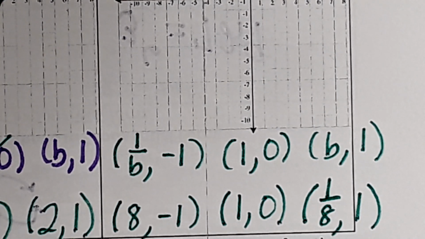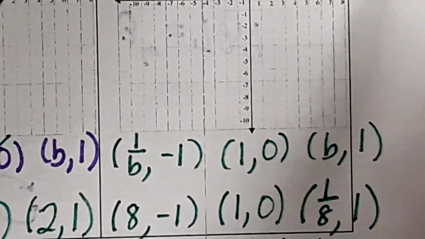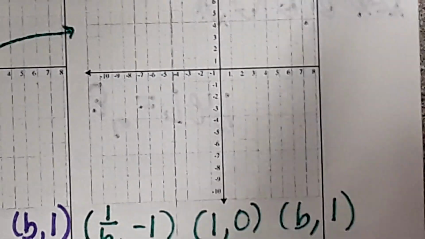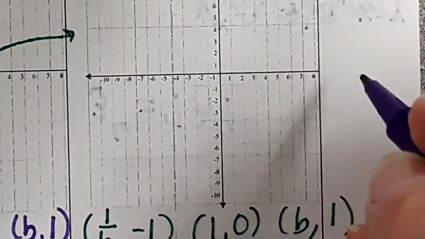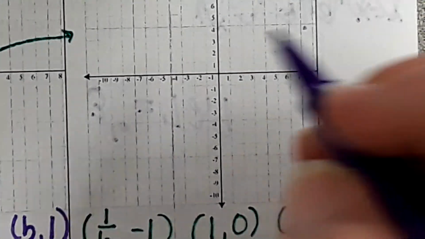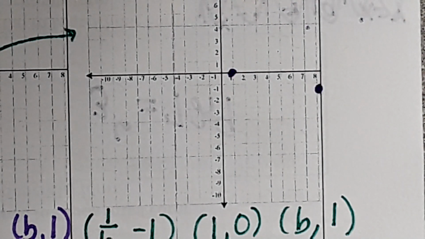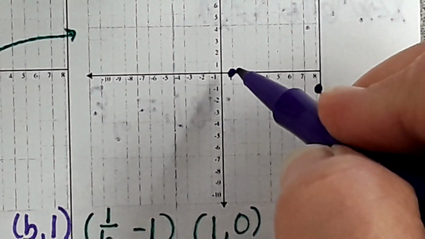Now you're going to see the difference in this one compared to what it was like. So when we go to graph this, it's (8, -1), it's (1, 0), and then it's (1/8, 1).